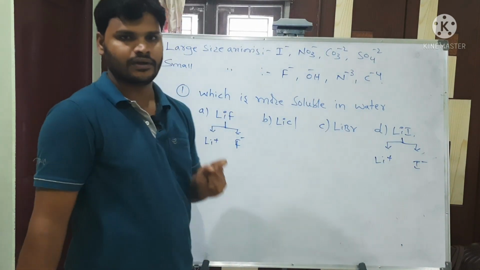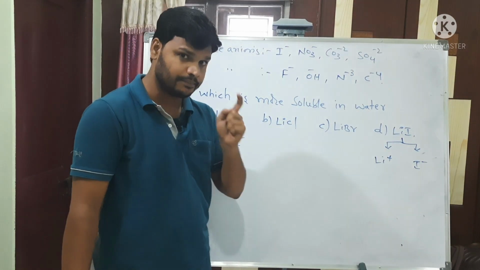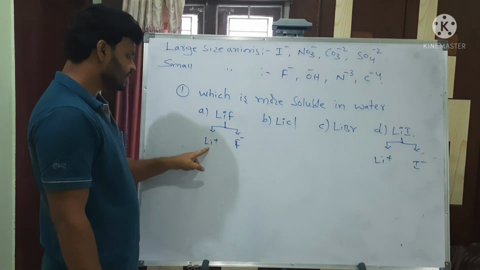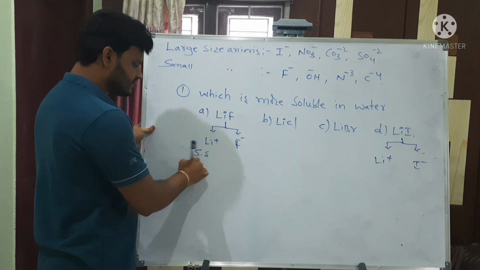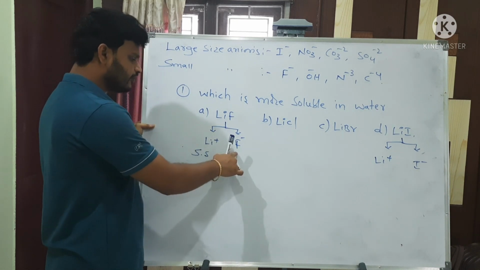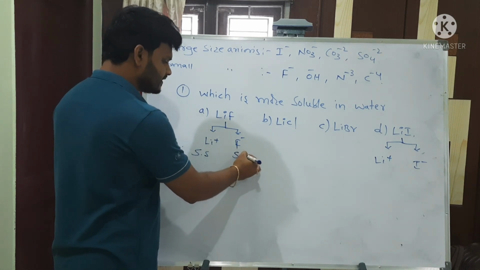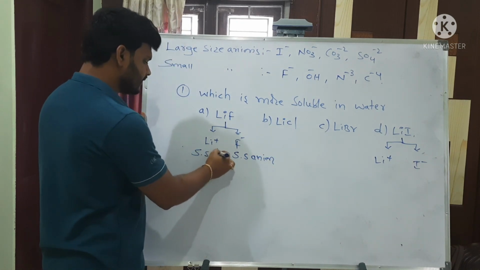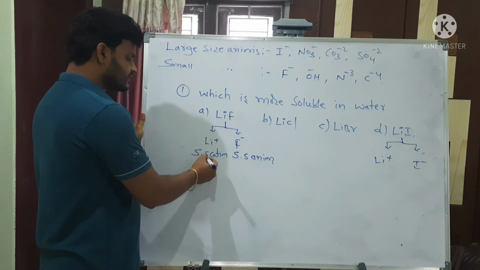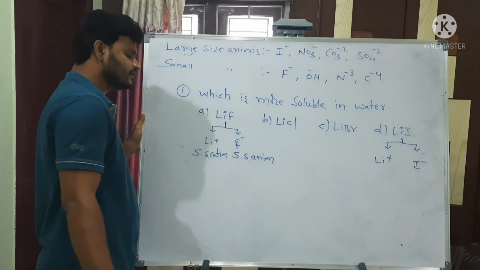Okay students, now you need to use the brain. Li plus small size cation, F minus also small size, but this is anion, this is cation. So small size cation, small size anion.